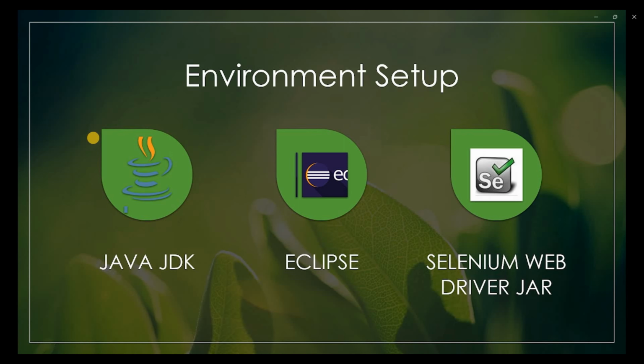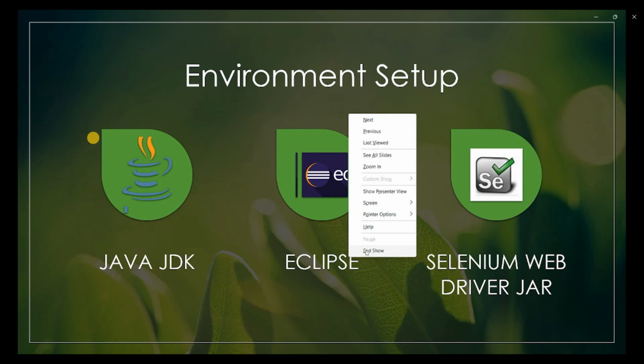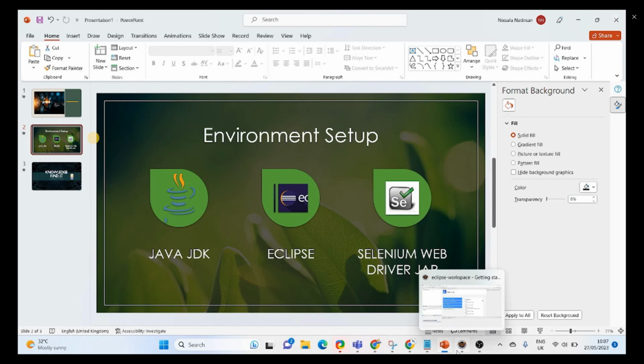You are using Selenium, that's why you need to install the Selenium WebDriver jar. So those are the environment setup you need. Remember, you need to install Java JDK, Eclipse or IntelliJ and Selenium WebDriver jar. Those three software are important. Okay, let me move to the demonstration.